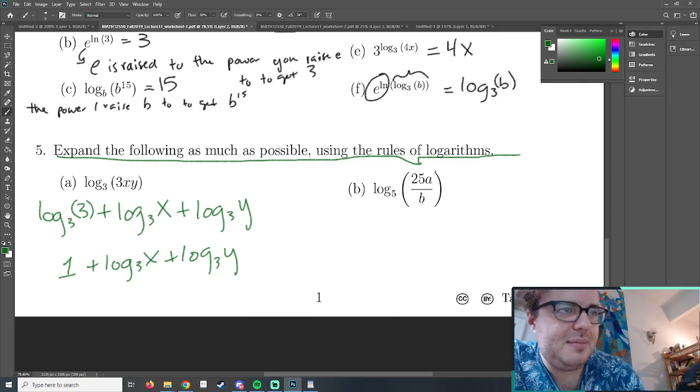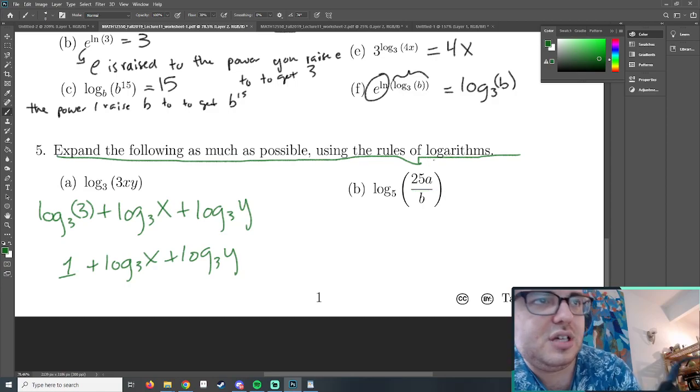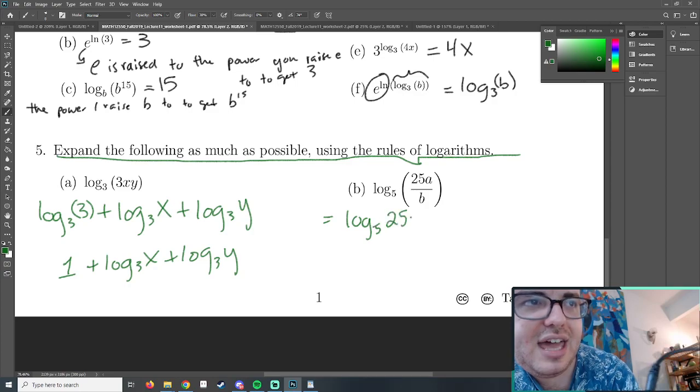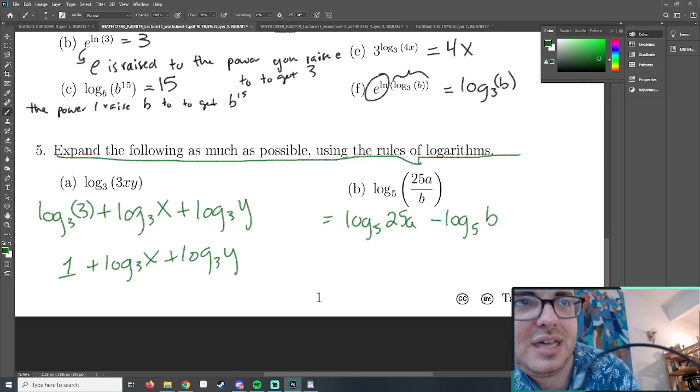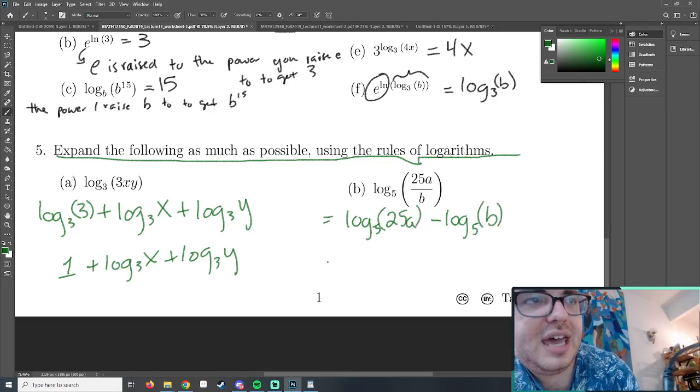Here, we'll do the same thing. We're going to use the quotient rule and the product rule here, because we're going to use the quotient rule to separate the top from the bottom. So you can think about this in two steps, right? The first step would be that this is log base 5 of 25a minus log base 5 of b. Again, you can put parentheses around here or not. And then this is going to expand further, right?